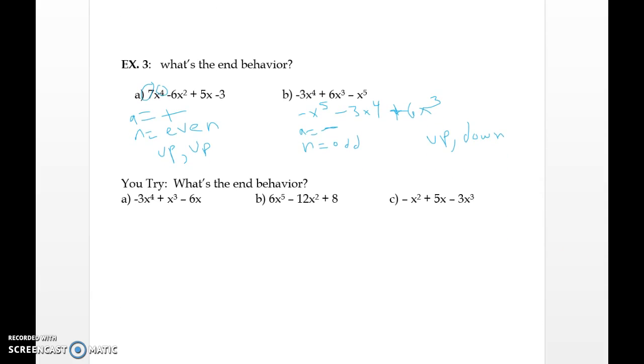We can look at a few more examples. A is in standard form, so I can say my a is negative, and the n is even. So evens are going to end the same way. Negative means going down, so we're going to be going down, down.